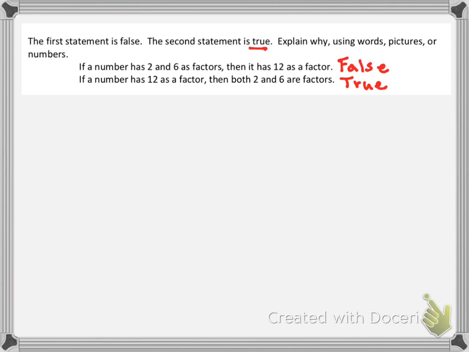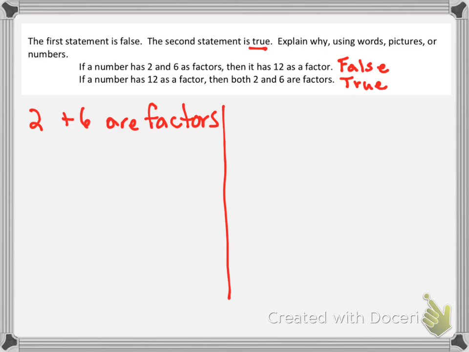And what I'm going to do is break this up. And I'm going to say 2 and 6 are factors. Okay, here I'm explaining that first sentence. And if I try to do that, if we count up by 6s, we do 6, 12, 18. We're going to actually have to stop here. Because look, 18.